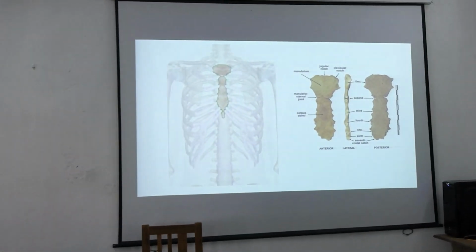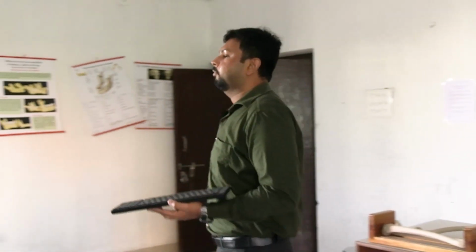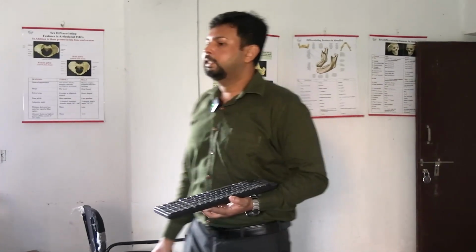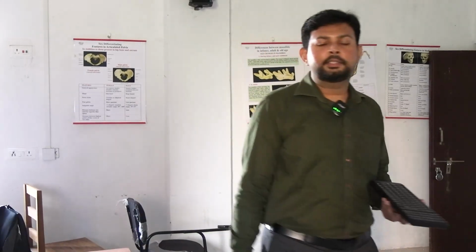Coming to the anatomy of sternum, it comprises 6 parts. Remember 6 parts. What are those 6 parts? First is manubrium sterni.